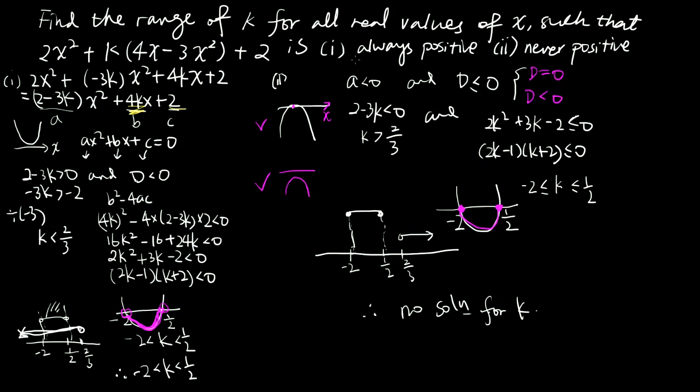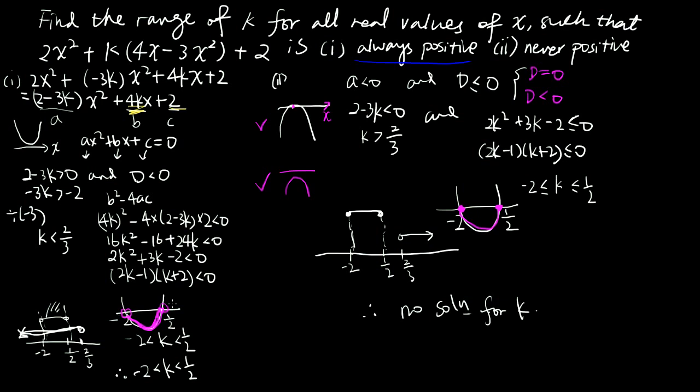And because we don't want to see any intersection point, in order to get always positive. Always positive means the entire graph is above the x-axis. There is no intersection point, so we focus on the discriminant being less than 0. Because no intersection point, discriminant should be less than 0.